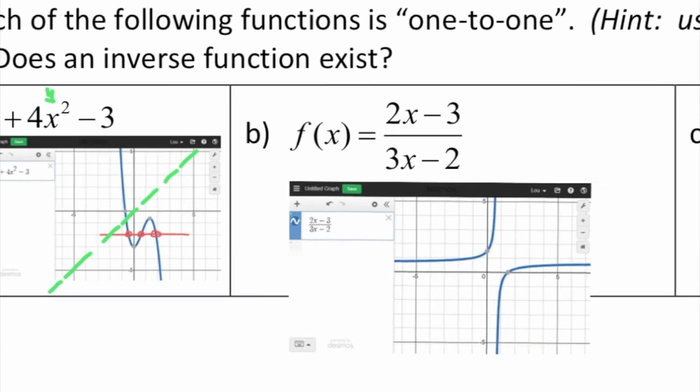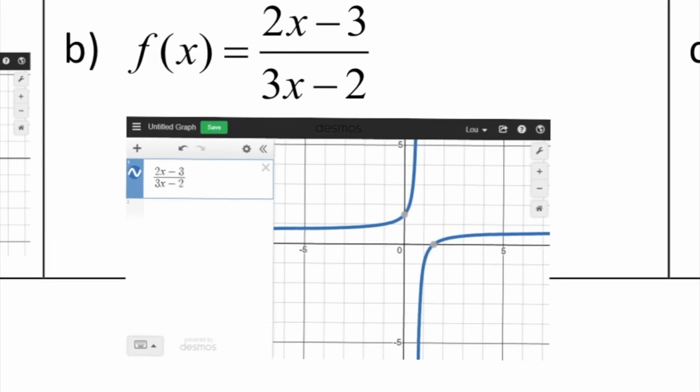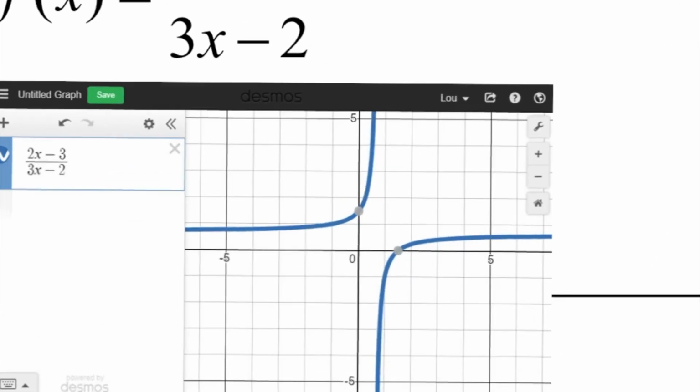But in letter B, although there are asymptotes, and you can kind of see there, the horizontal asymptote is going to be 2/3, and we'll talk in Unit 7 about where I get the 2/3 from. But this is y equals 2/3. That's a horizontal asymptote. And then we have a vertical asymptote also at 2/3.